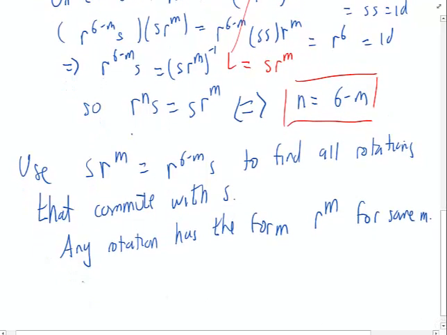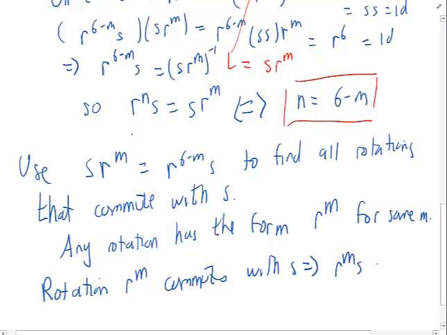Okay, so rotation r to the m commutes with s. That means that r to the m s is equal to sr to the m. But up here we know that sr to the m equals r to the 6 minus m s for all rotations.